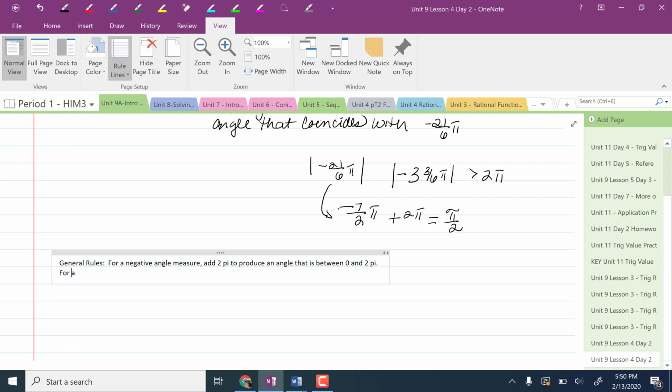For positive angle measure, what we're going to do is subtract 2 pi to produce an angle that is between 0 and 2 pi.